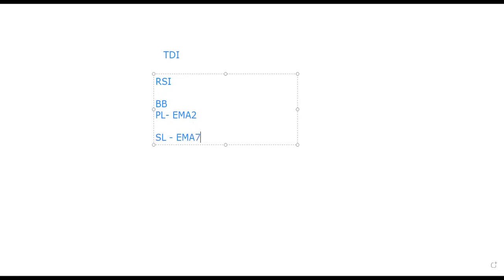And then we have our market baseline. These are our components. I will show you on the chart soon. Our market baseline is EMA 34, right? And then we have our levels, right?